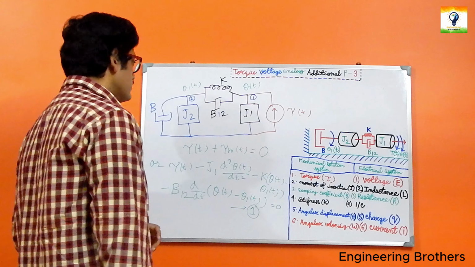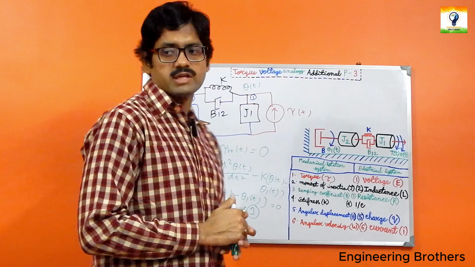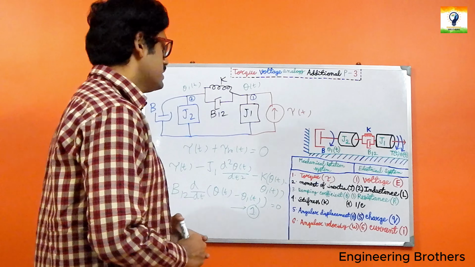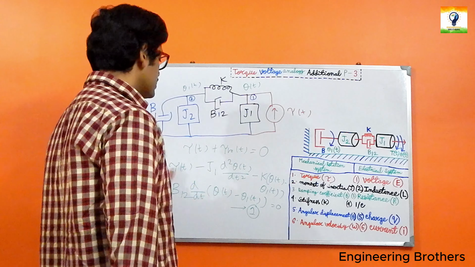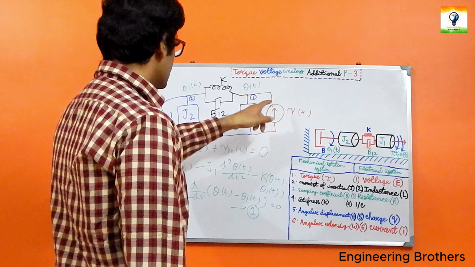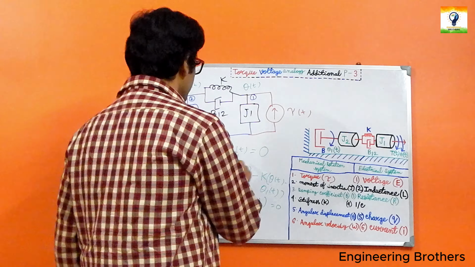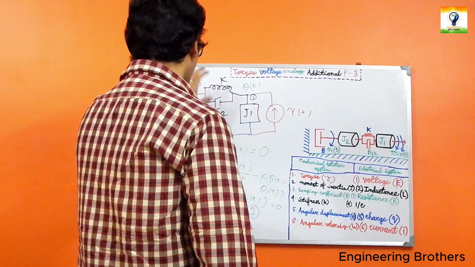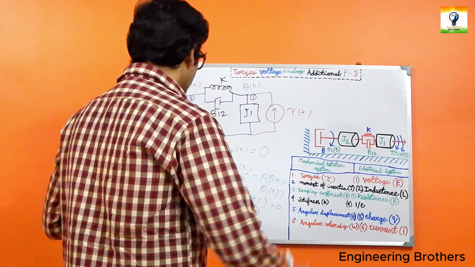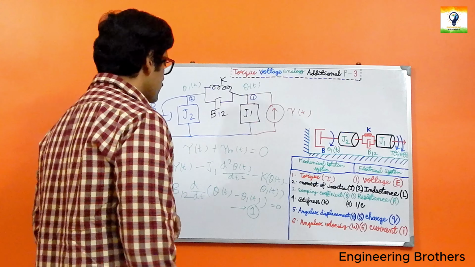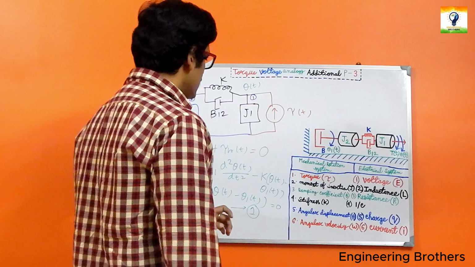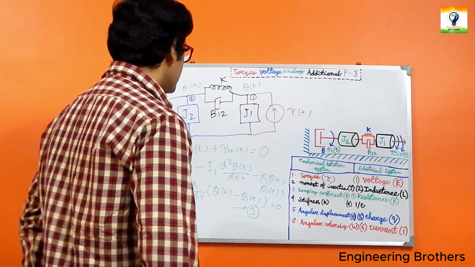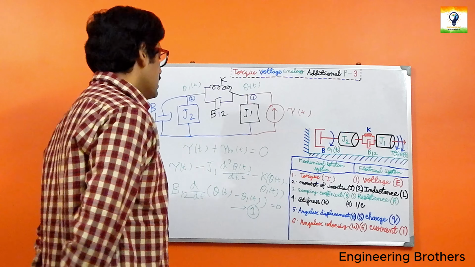So this is our first mechanical equation after I have applied the D'Alembert principle at our node 1. I am just going to repeat this portion once again. If you apply the D'Alembert principle at node 1, this is our equation: applied torque minus J1 d2 theta t divided by dt2 minus, now we can go for the common part. First the common part of k, which is minus k, multiplied with our resultant displacement.